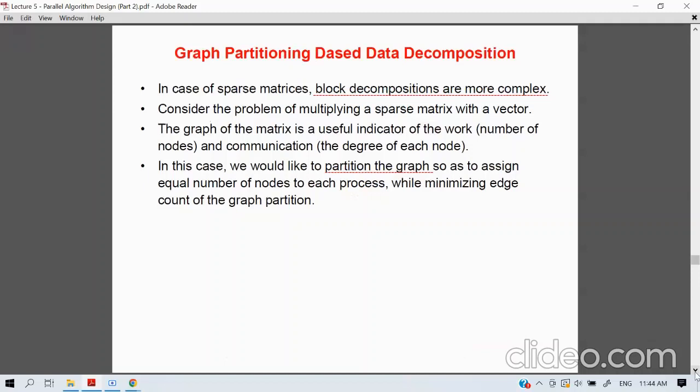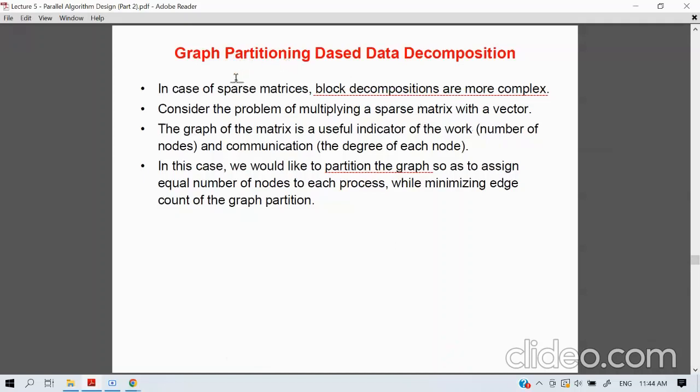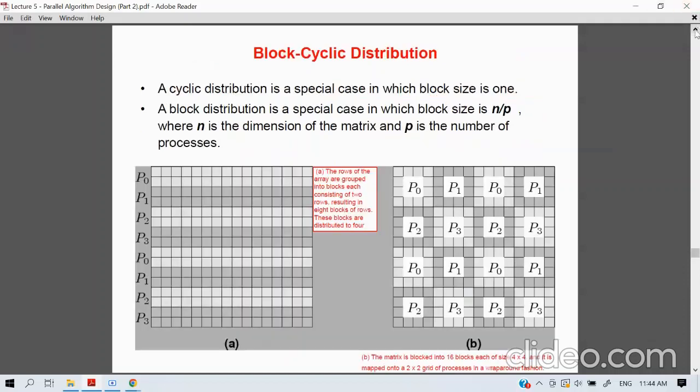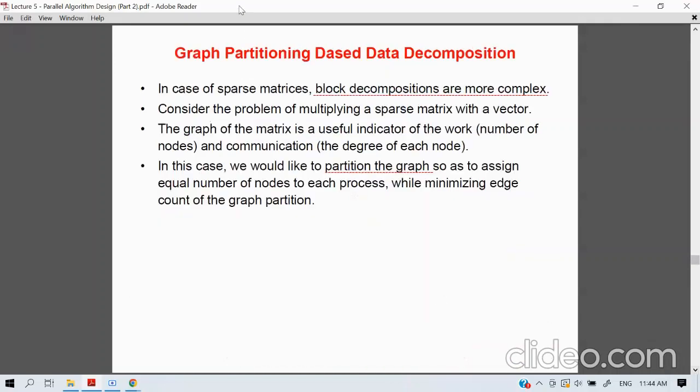Okay, another way to map the task into processes ni, they use graph partitioning. Okay, so in case of sparse matrix, block decomposition is more complex. Sometimes we cannot deal with the mapping issue tu by using block cyclic distribution. So we need to use another option which is graph partitioning. Okay, consider the problem of multiplying sparse graph tadi with a vector. So the graph of the matrix is a useful indicator of the work.